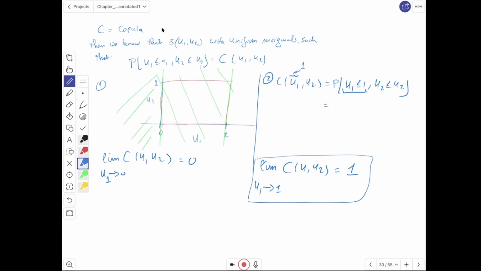So this joint probability is the same as the probability that U2 is smaller than u2, which gives you u2 here, right? Because U1 is uniform, and U2 is uniform.